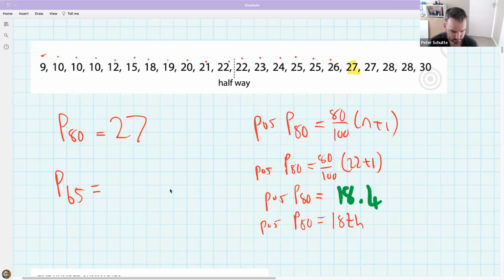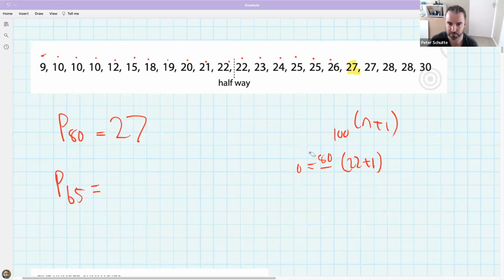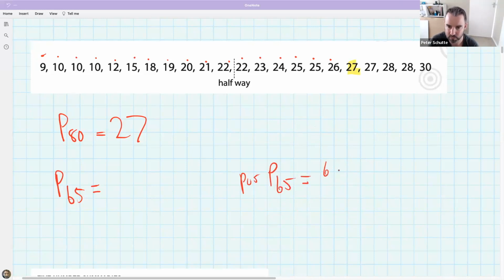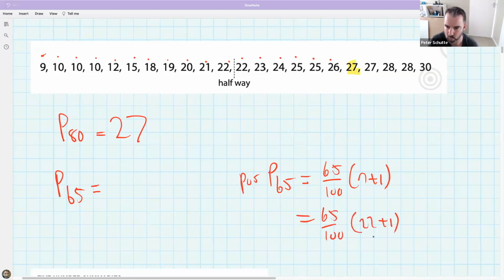So before I can get what P65 is, I first have to find the position of P65. Where is it in the list? So the position of P65 is going to be 65 over 100 times n plus 1. And this was 22. So what am I getting for my position of P65?